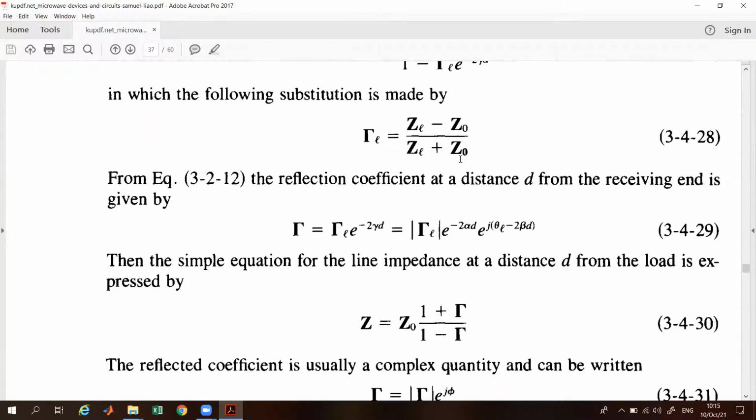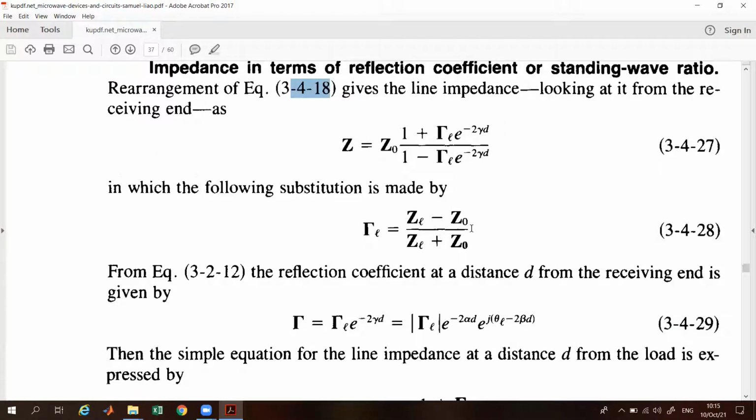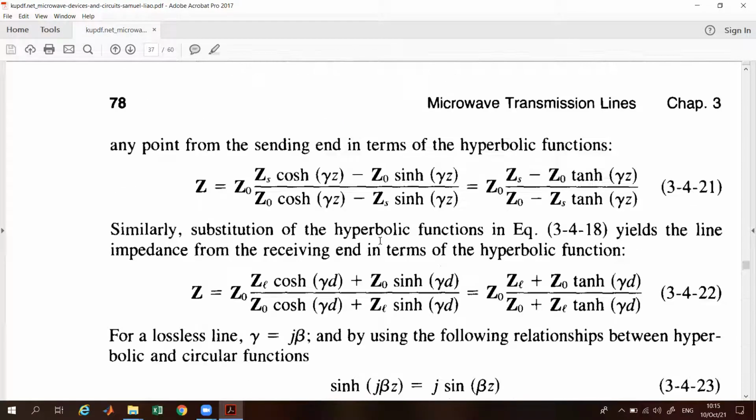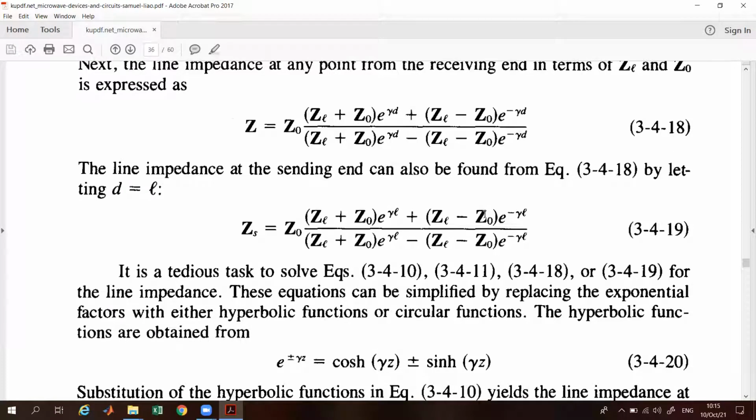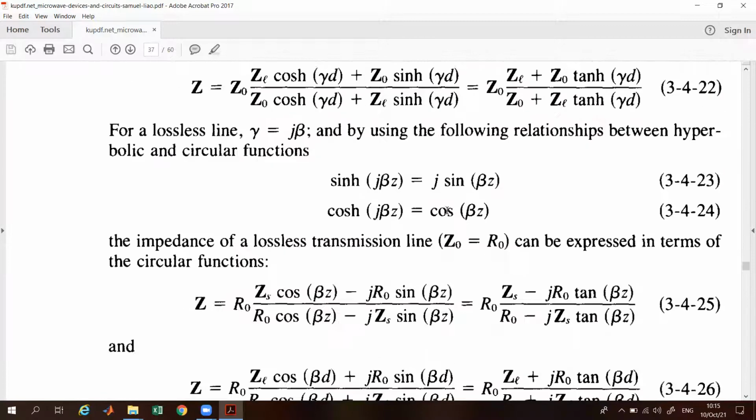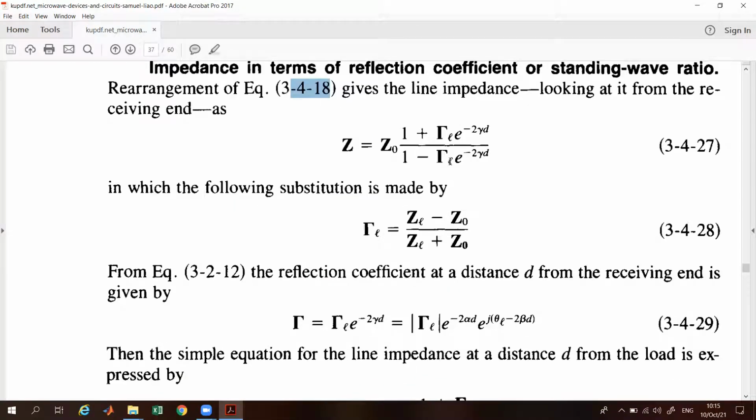And we know that ZL minus Z naught divided by ZL plus Z naught is equal to sigma L. So when you put it, it will be 1 divided by the reflection coefficient, and this will be 1 divided by the reflection coefficient, and then you rearrange them, you will get equations in this form.